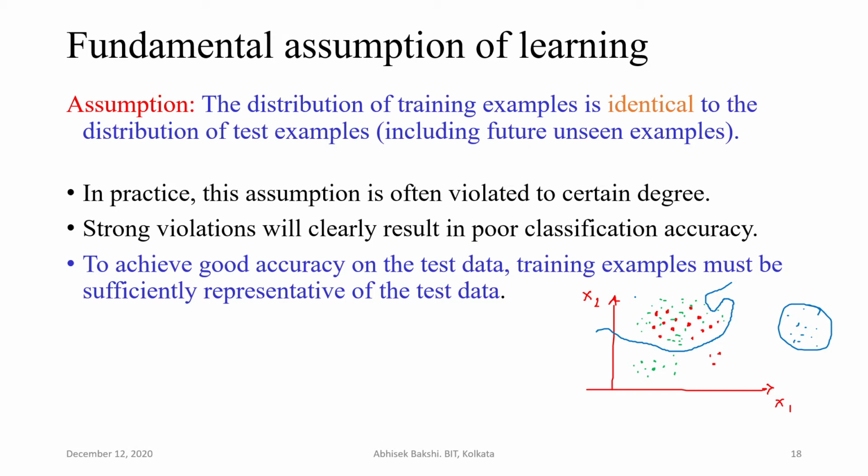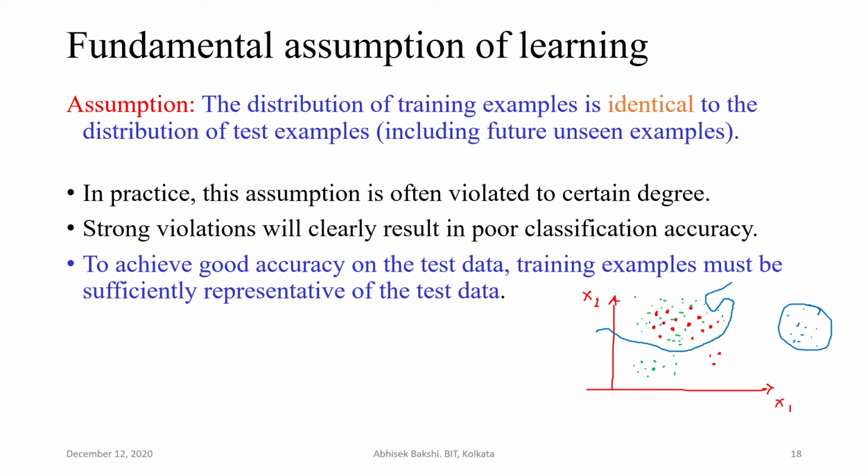So if the distribution is totally different, then it will be very hard for any machine learning algorithm to work correctly. But generally it is not exactly the same in case of test and training data.